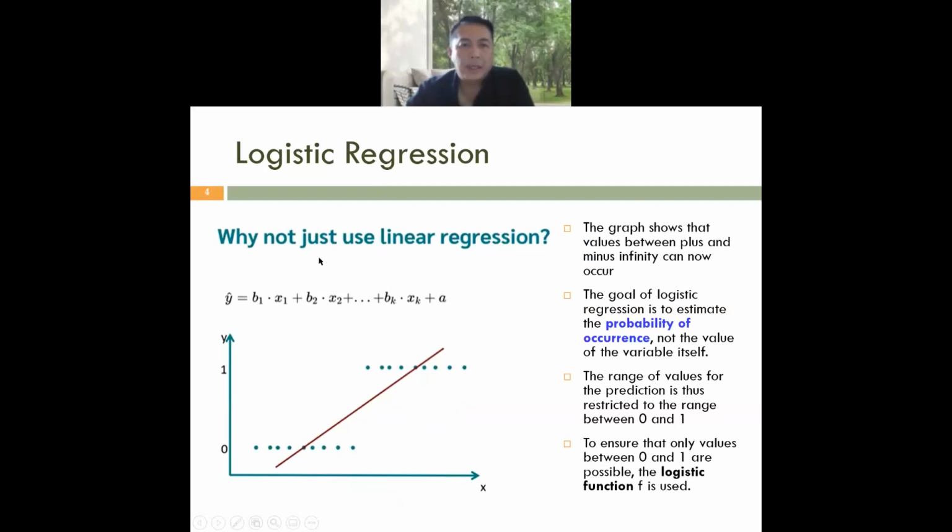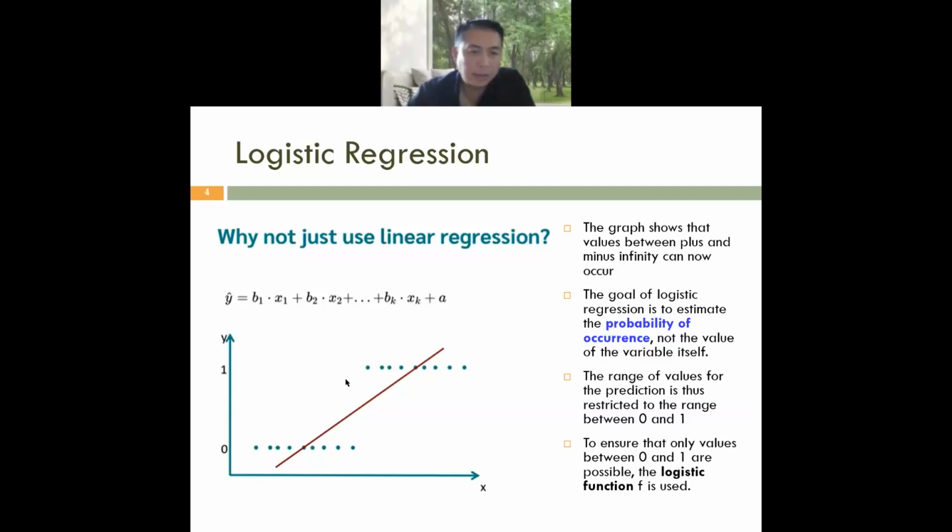Because when we have categorical value, we will have a graph something like this. So if we use the linear regression, the graph will show something like this, in which you will have a value between plus and minus infinity.